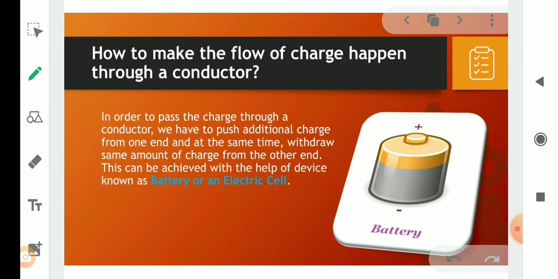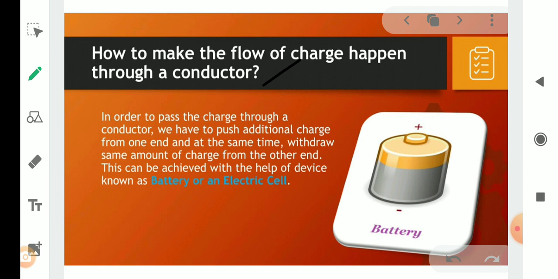Okay, so you can see how to make the flow of charge happen through the conductor. So how are the charges made to flow in a conductor? You all know, in an electric circuit you are going to connect a battery, where the battery is giving the external force or external charge, right?